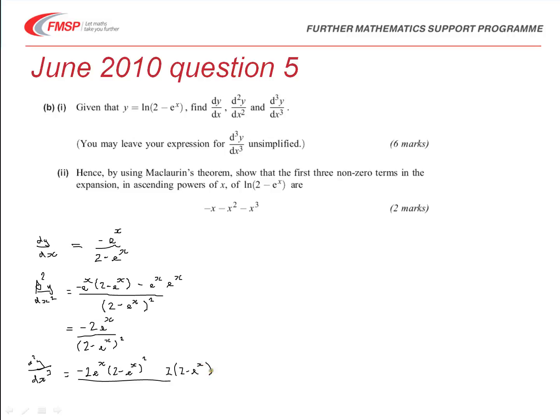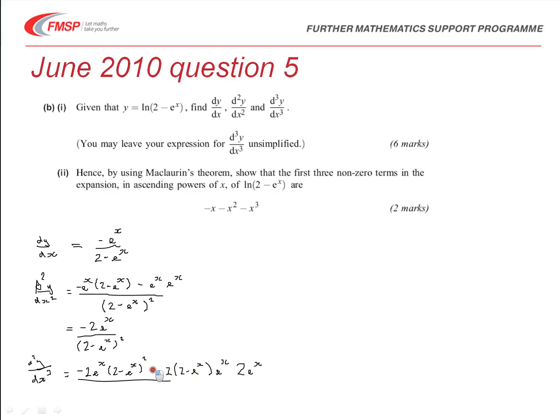But then we've got to multiply by the differential of the minus e to the x, which gives you minus e to the x. So that's another e to the x here. And then we've got to multiply by the 2e to the x on the top. And then checking all the negative signs, we got a negative to begin with, and then a negative when we did the differential here, and a negative from here.